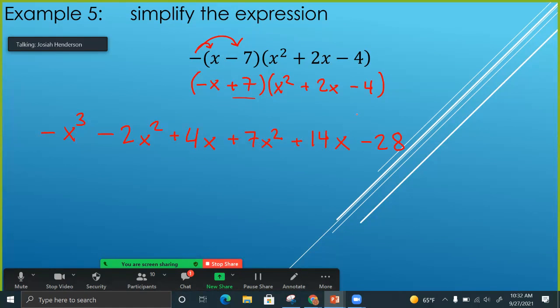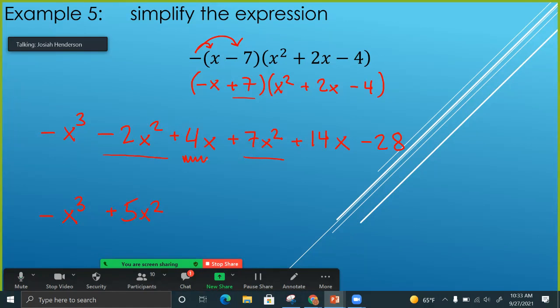Now, we've successfully multiplied. Now we have to see if we can add or subtract any of the terms. There's only the single x to the third term, but I see x squared and x squared. So those will combine. Negative 2 plus 7, those will combine to 5x squared. So let's write that down. We've got negative x to the third plus 5x squared.